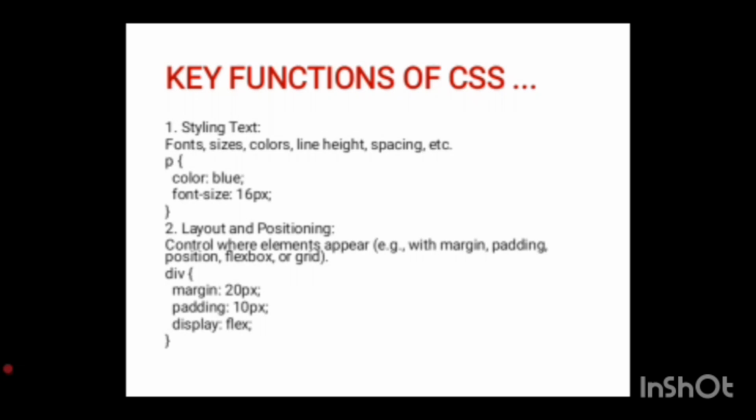This is an example of styling text, which has to do with the fonts, the font sizes, the colors, the length, and the spacing as well. All are under one of the key functions of CSS.